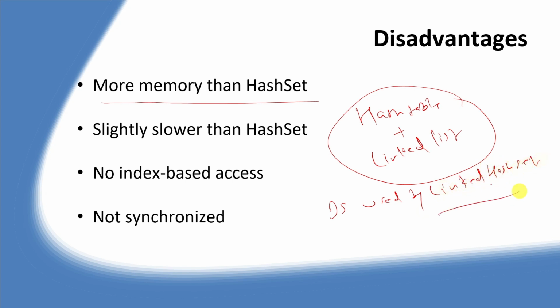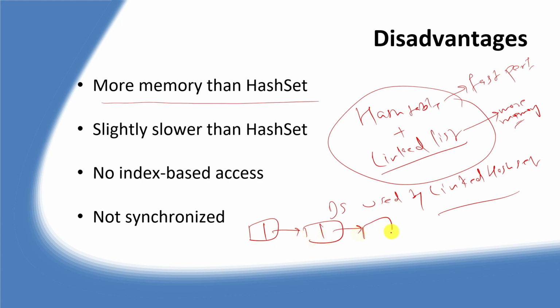So hash table will give faster performance, no doubt, because it is using a hashing algorithm. But linked list consumes more memory. Why? Because it will insert the nodes in the heap memory area. So there will be different nodes referring to another node like this.